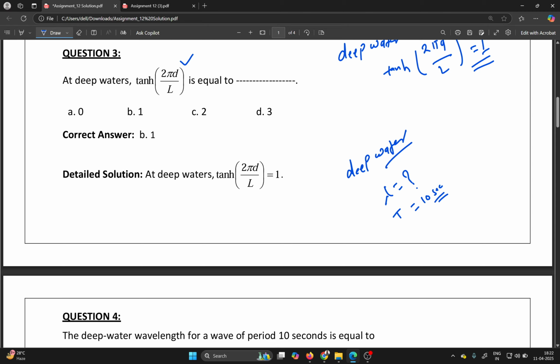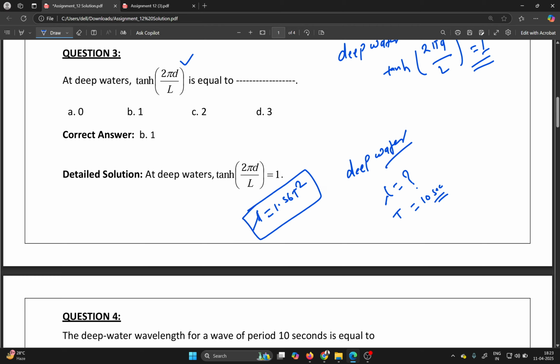Okay, so let me discuss. The formula for the deep water wavelength is L, or lambda, equals 1.56 T square.